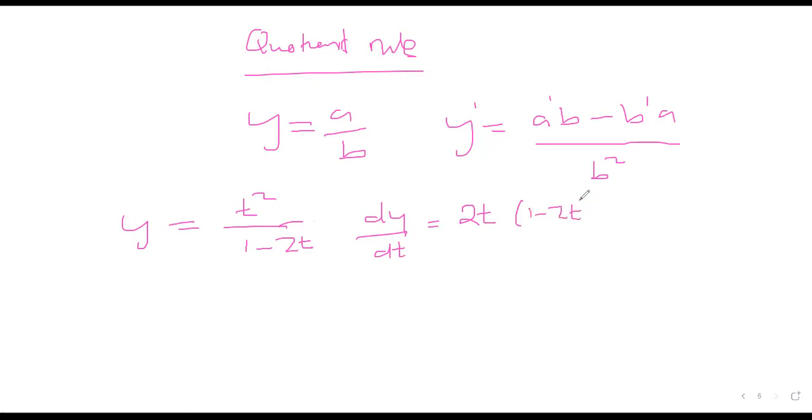Don't do anything. Then since we're dividing, the division goes into subtraction, so we subtract. Then we start from down there. Differentiate what is down, we're going to get what? Negative 2. You multiply it with what is on top as it is, t squared, over, you square what is down there, (1 minus 2t) to the power 2.